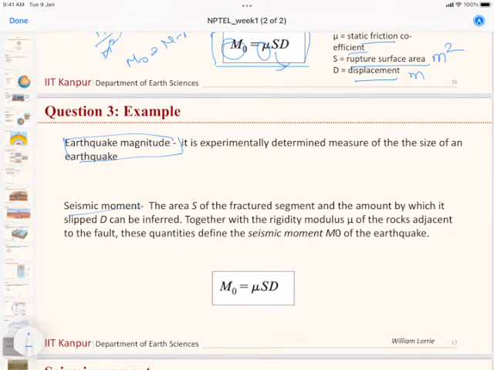The area S of the fractured segment and the amount by which it slipped, that is D, the fault displacement, can be inferred, and together with the rigidity modulus, that is the static friction coefficient, it can quantify the seismic moment M naught of the earthquake. This is the formula that we have seen earlier.